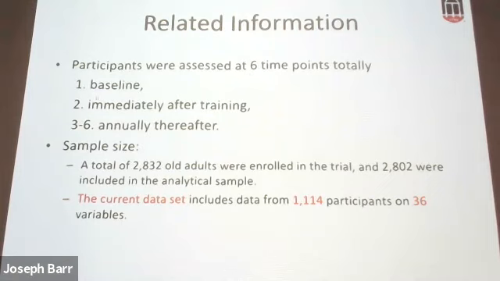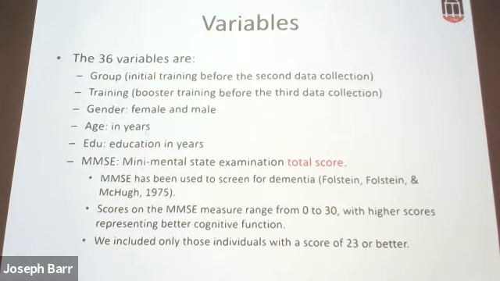At baseline, the very beginning, they measured a lot of tests for each participant, and then we have some training. We measured again, and then we have some other booster trainings, so 3 to 6 measures yearly. Let's look at those variables.